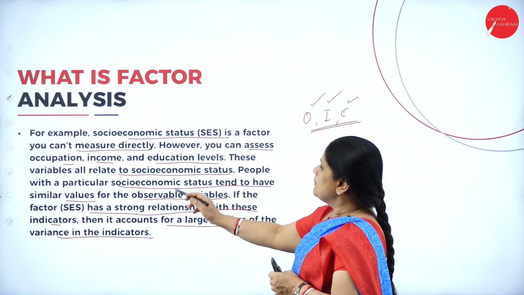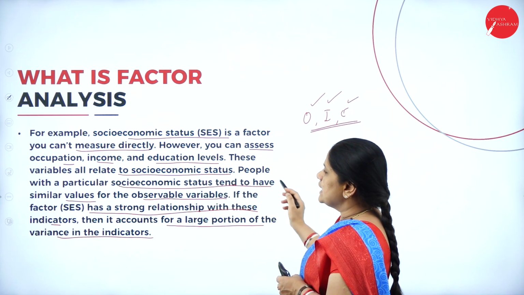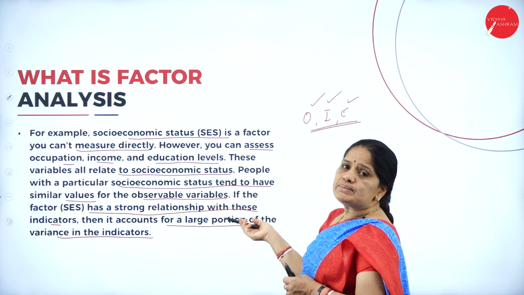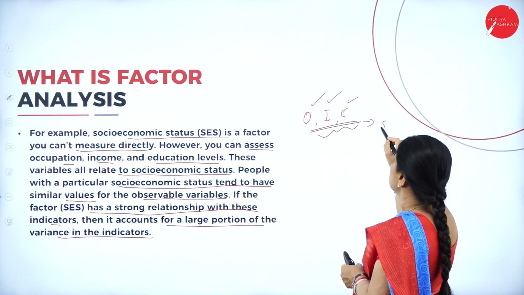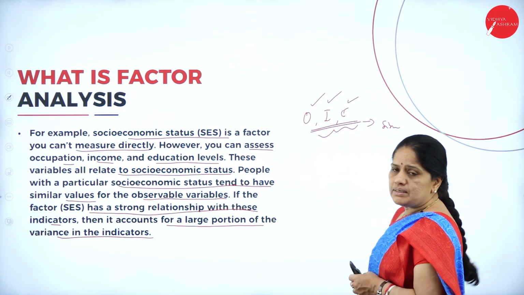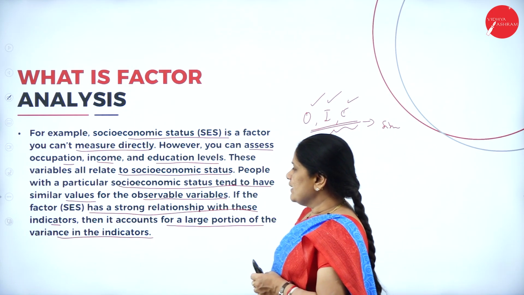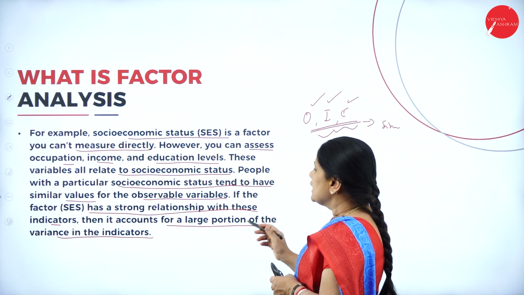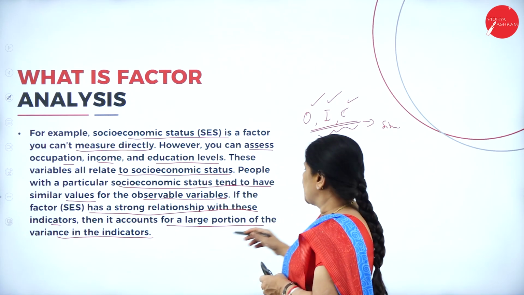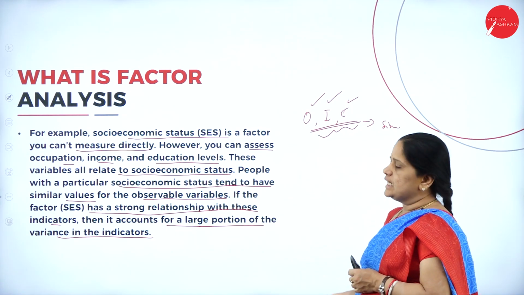So, people with a particular SES tend to have similar values for observed variables. These are all the variables for which they will have similar values. Now, if the factor has a strong relationship with these indicators, then it accounts for a large portion of the variance in the indicators.